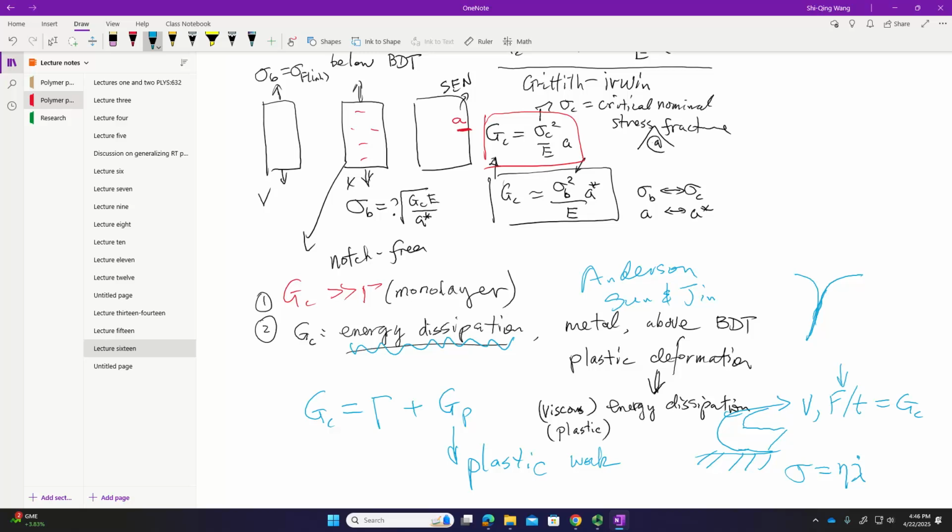Let me repeat. First of all, you understand by now, it's such a powerful thing to think that GC contains a lot of energy dissipation, because that's how we can easily explain that it's much larger than gamma. I'm saying that perspective misled you, or incorrectly convinced you, that I can use the same concept of energy dissipation to explain the fact that with your elastomer, when I peel faster, I need more force.